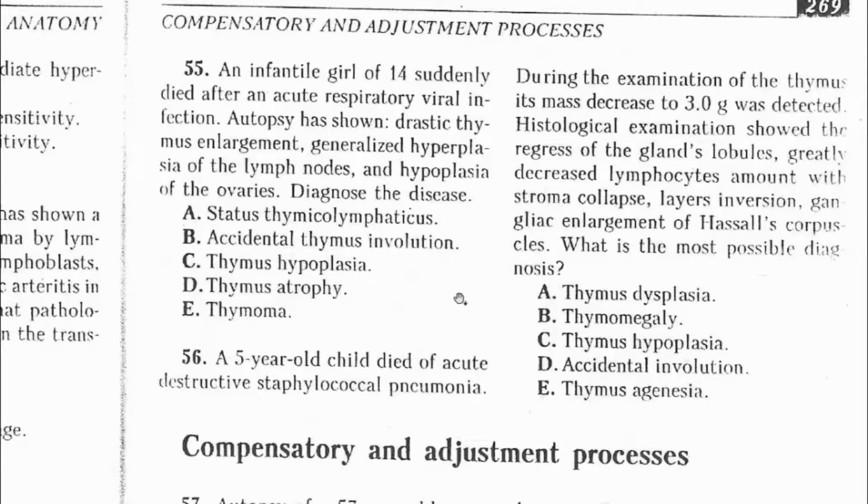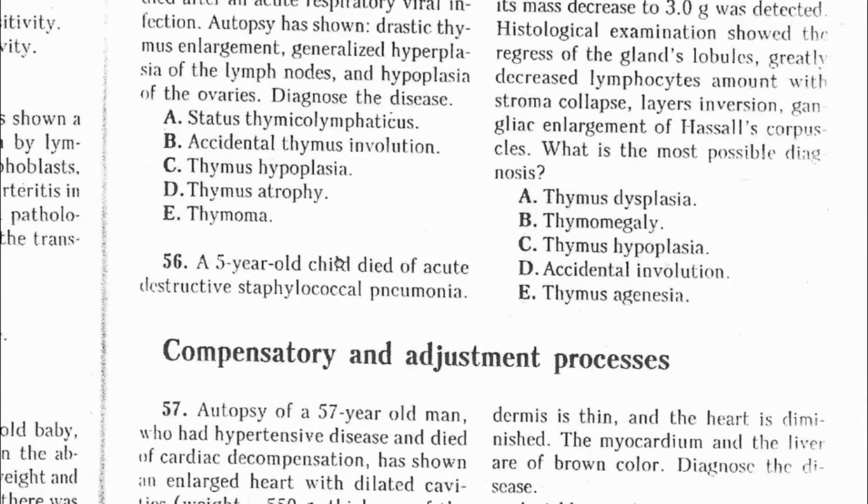Now, thymus hyperplasia, that's leading to the enlargement, means thymolymphatic state. Hence, our answer is A. So it means that this patient is in that state of thymus enlargement or thymico-lymphatic enlargement, whatever.